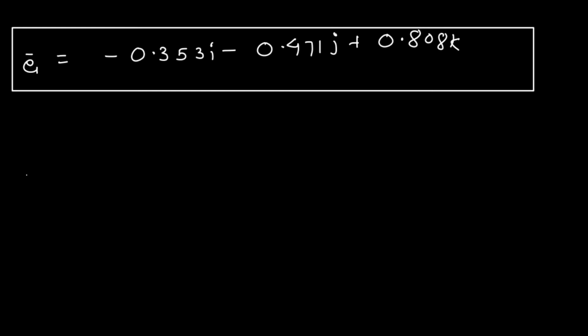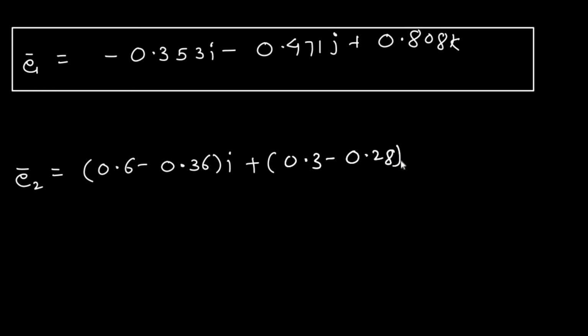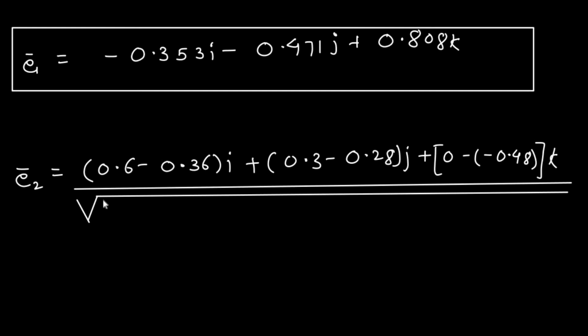Now we will calculate that E2 vector. To calculate the E2 vector, we have to do 0.6 minus 0.36 i, that is x2 minus xp, plus 0.3 minus 0.28 j plus 0 minus of minus 0.48 k, divided by the magnitude of this quantity.